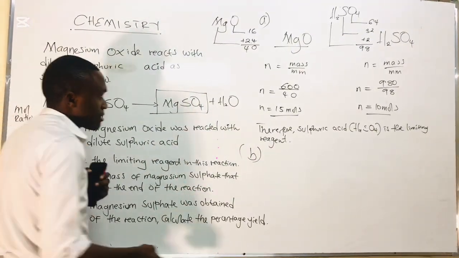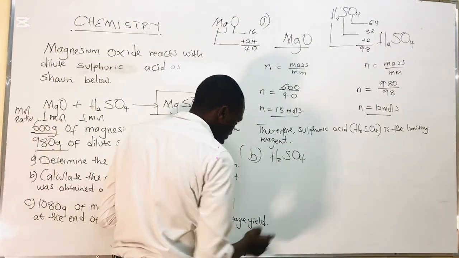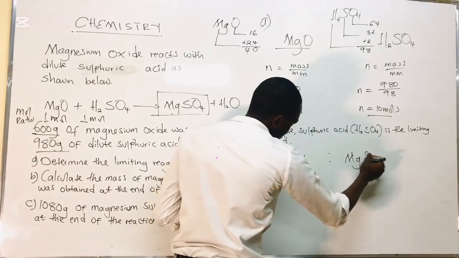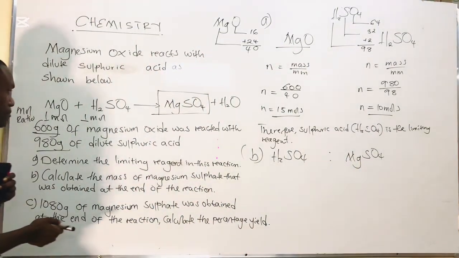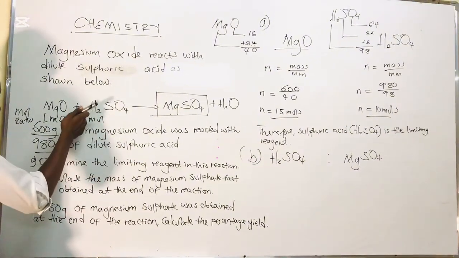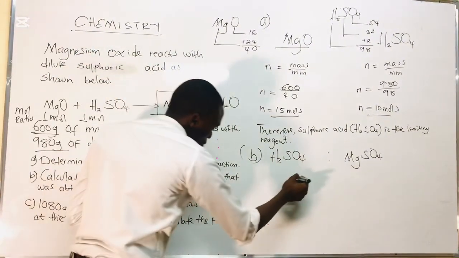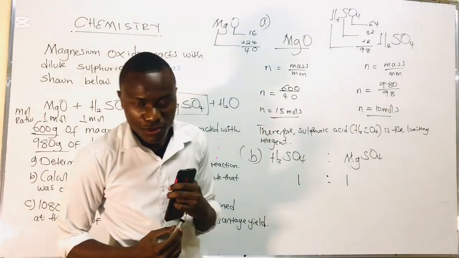So we are saying because sulfuric acid, H2SO4, is the limiting reactant, it will determine how much of magnesium sulfate is going to be formed. What are their mole ratios? What are their balancing figures? There's one here, there's also one there. So we say 1 to 1. What do we want to do here?